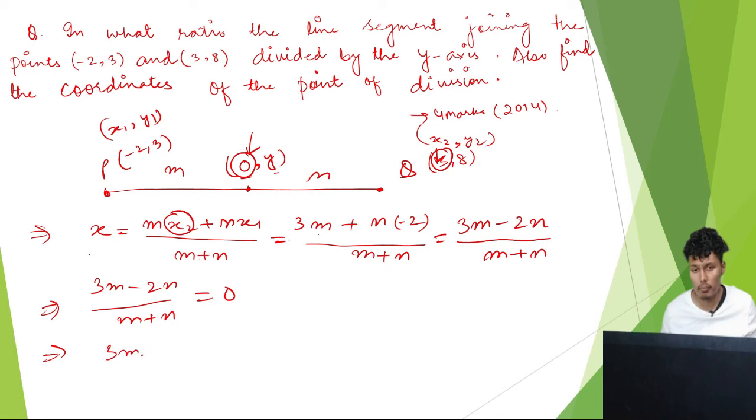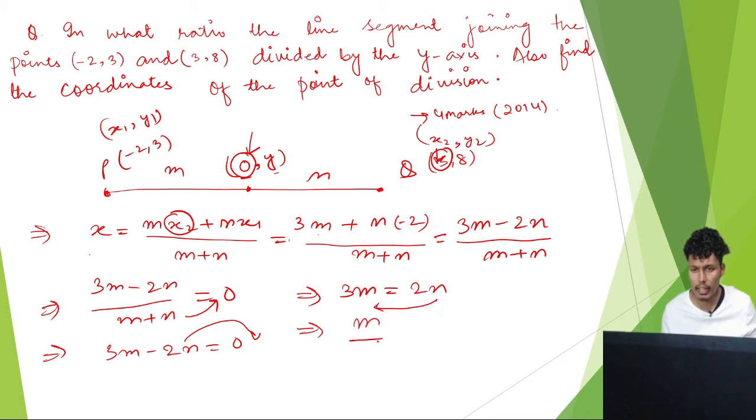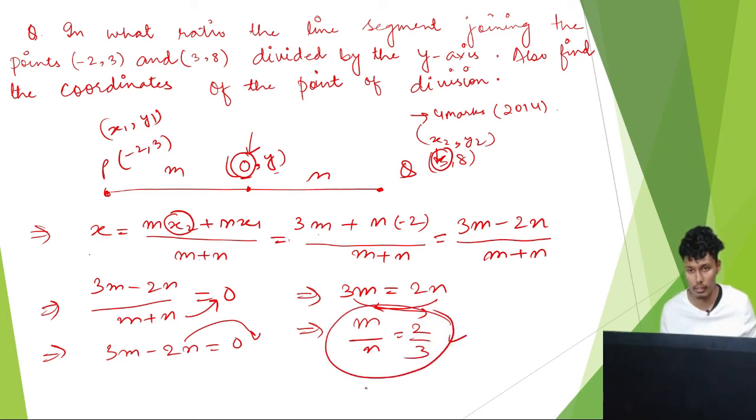So 3m minus 2n equal to 0, because when the numerator is divided by something and equals 0, the numerator is 0. 3m is equal to 2n; the minus goes to the other side and becomes plus. So m, take n this side and shift 3 this side, it will be 2 by 3. m by n is equal to 2 by 3. So this is the ratio, m divided by n, that is 2 by 3.